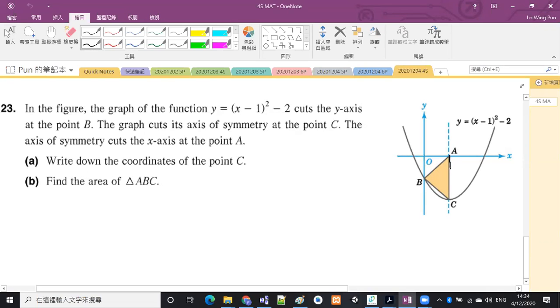This one. And then we're going to draw a line from B which is perpendicular to AC.